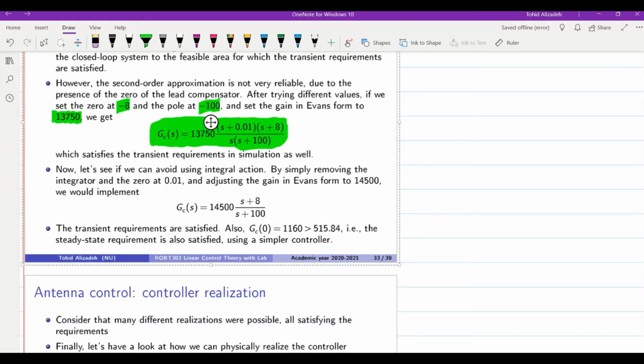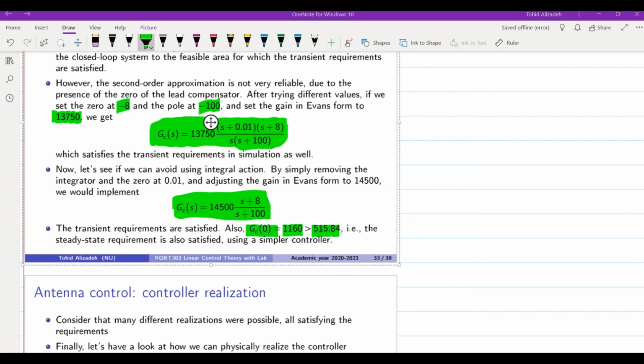GC of S will be equal to 14,500 times S plus 8 over S plus 100. We can check that GC at 0 is equal to 1160, which is bigger than the required value. As a result, the steady state requirement will be satisfied.